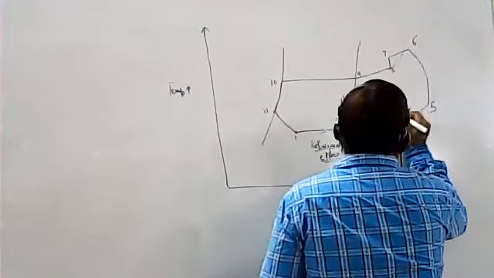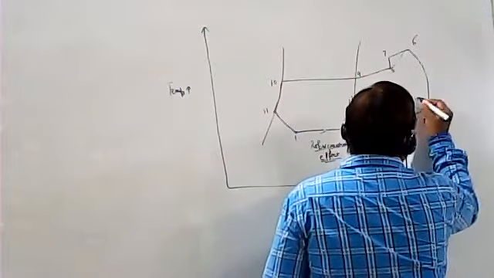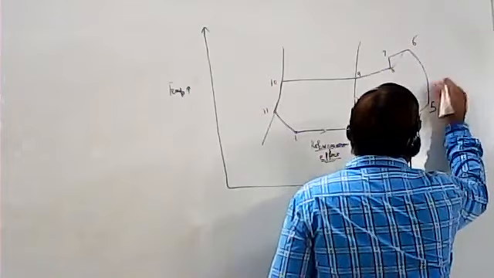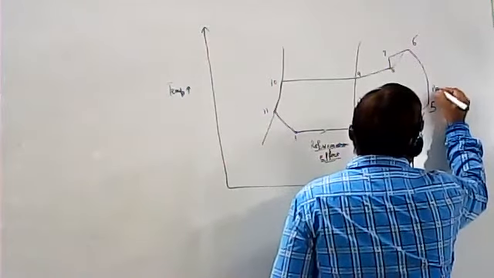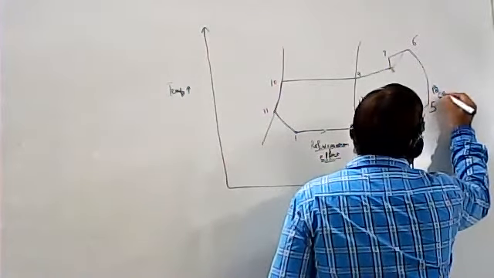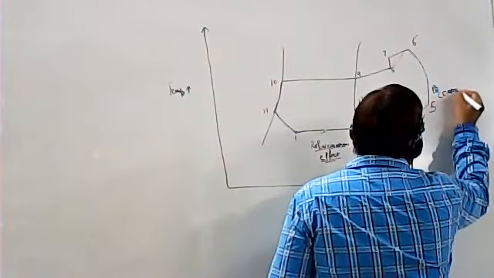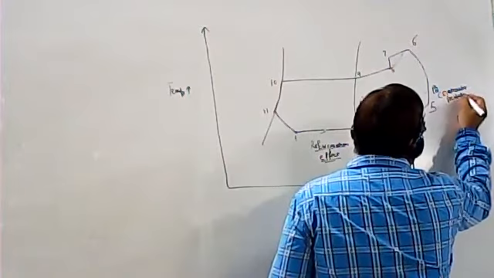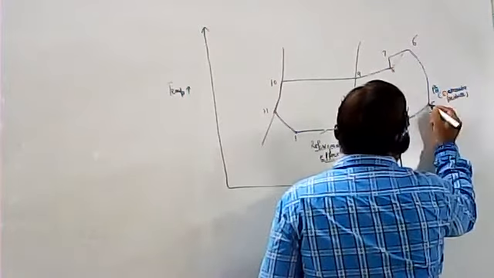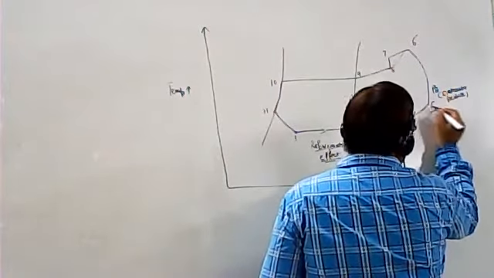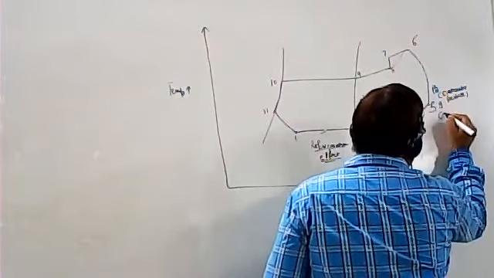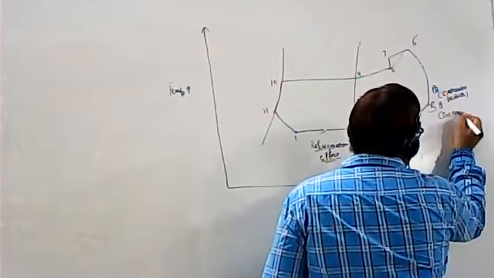So 3 is the evaporator pressure, PE, and this is the suction pressure, PS, at point 4.